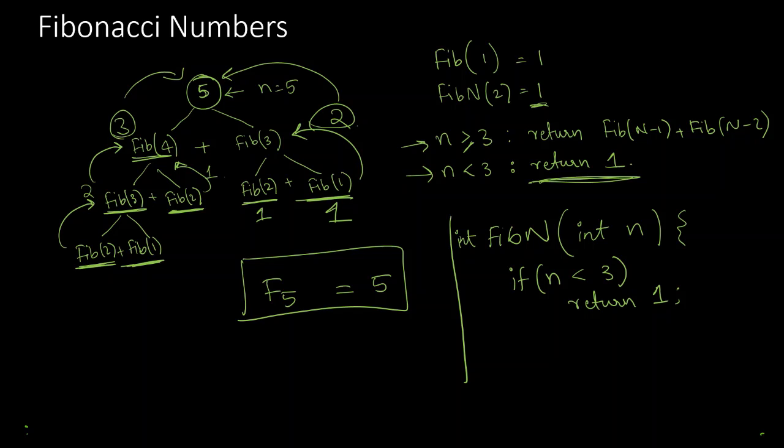Simple, no rocket science. Else, we don't have to write else here, because if this is not executed, then it goes to the next line. But if this is executed, directly it returns out of the function. It does not even go down. So we don't have to write else here. We can directly write the condition without having to bother.